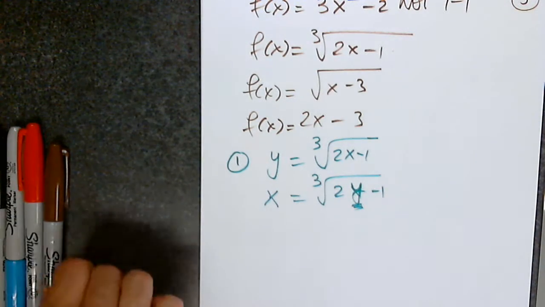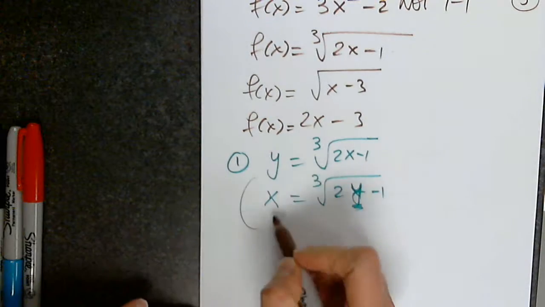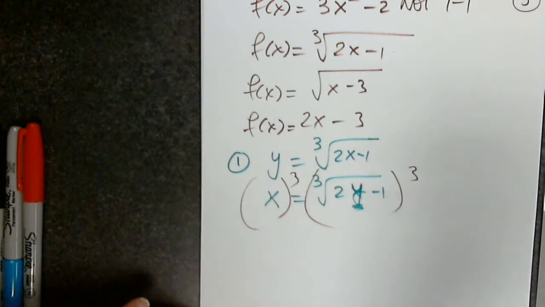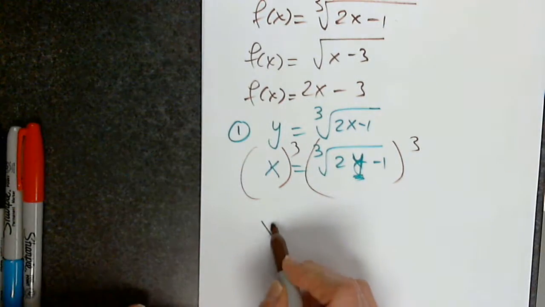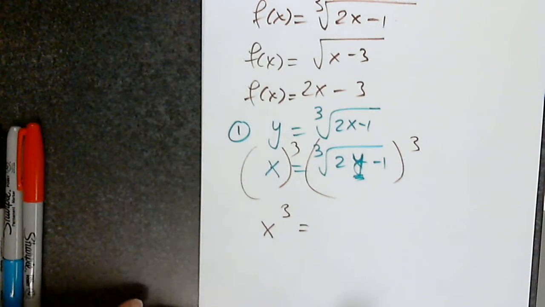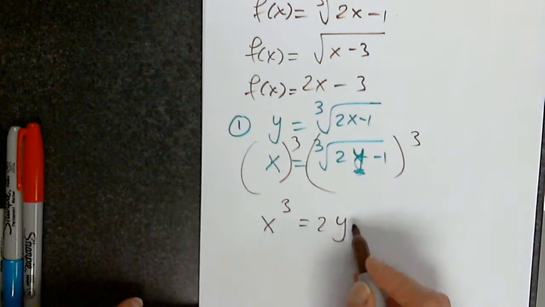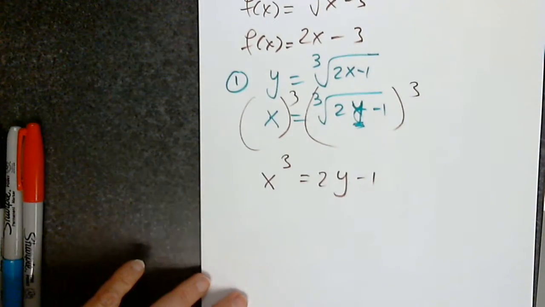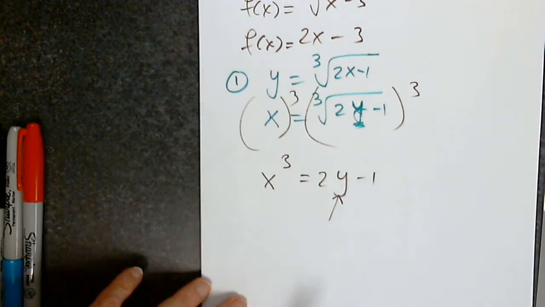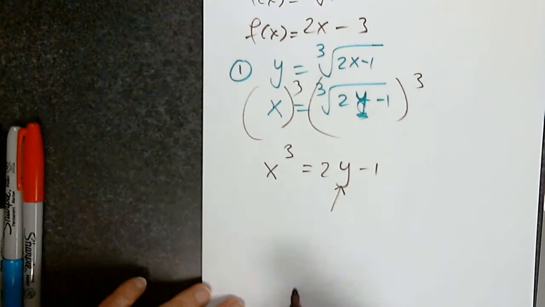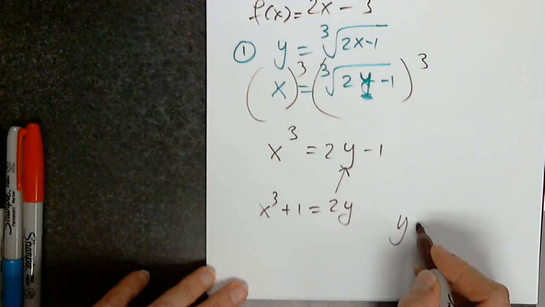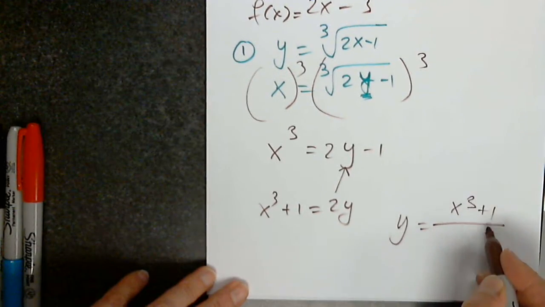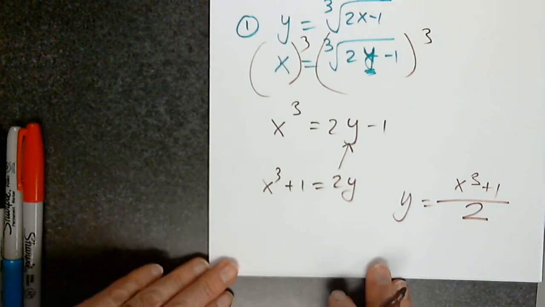I have to cube both sides. Awesome. So the left-hand side is x cubed. Awesome. The right-hand side is 2y minus 1. Next step towards solving for y. Final step.